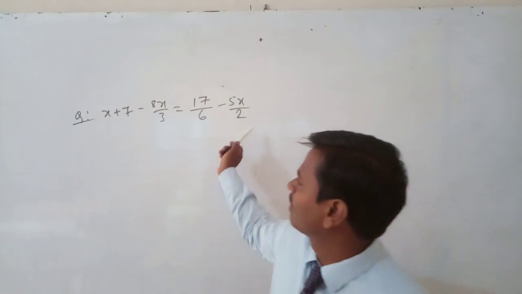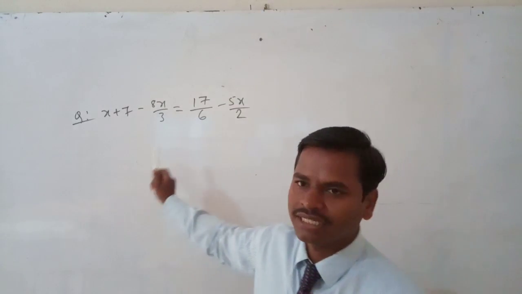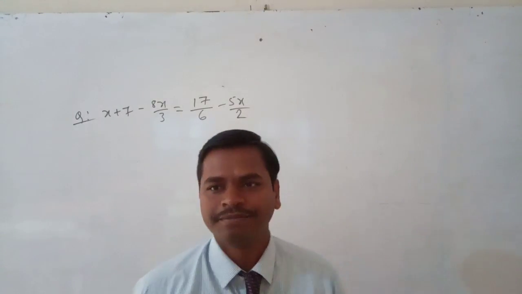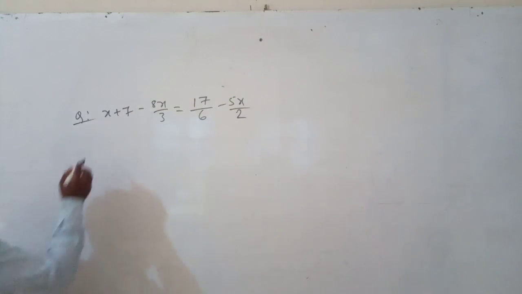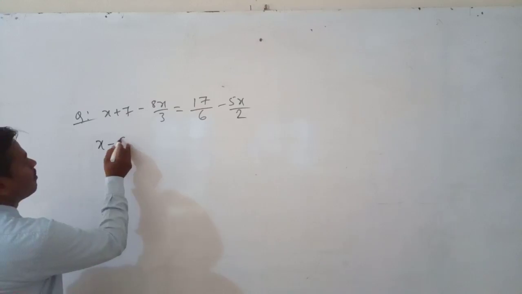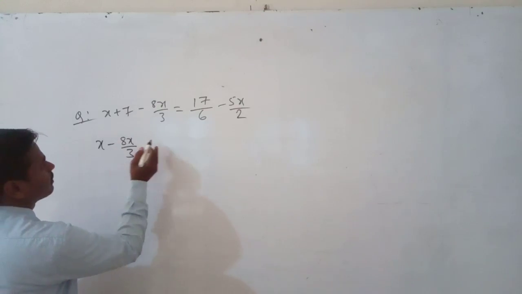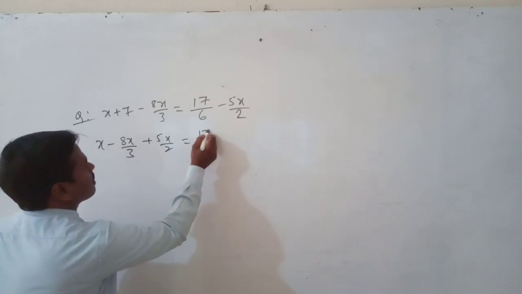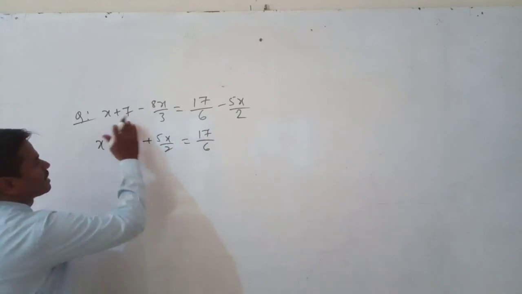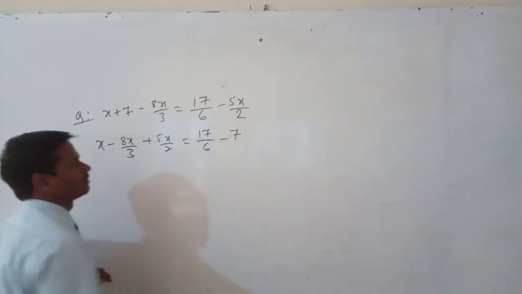We will take the variables on the left side and the constant numbers on the right side. What will we get here? x minus 8x by 3 plus 5x by 2 equal to 17 by 6 minus 7, since plus becomes minus.